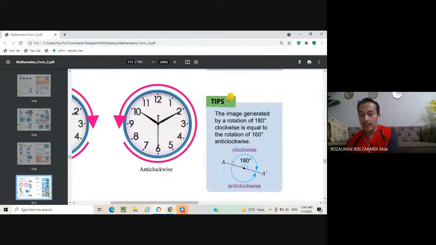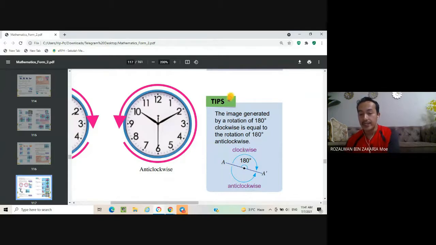So if the question asks you to generate the image which undergoes a rotation of 180 degrees clockwise, that means the image generated must equal the image under the rotation of 180 degrees anti-clockwise.